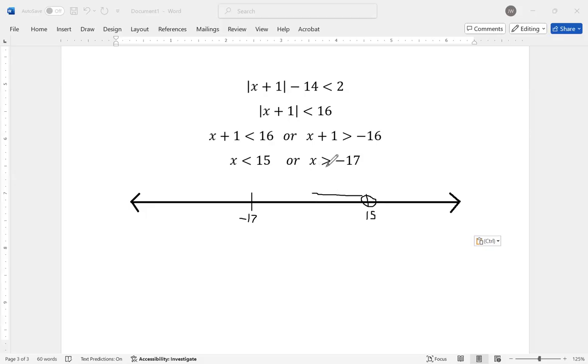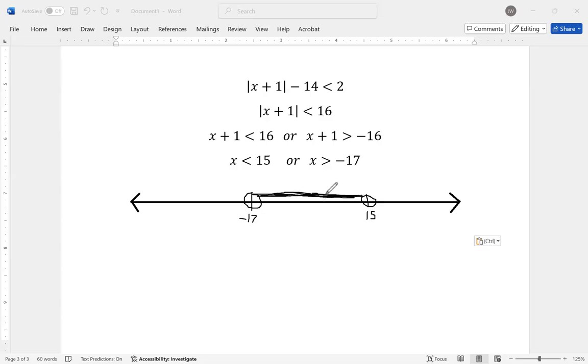However, x also is going to be bigger than negative 17. So I draw an open circle around negative 17 and I start shading there. So what we're saying is that any number between negative 17 and 15 will work.